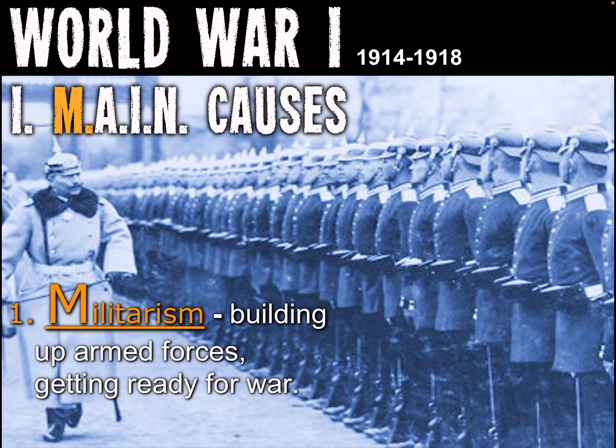With each country's rise in military power, others would raise theirs. So as one country had a larger military, another country built a larger military. The result was an arms race that further increased suspicions and made war more likely.